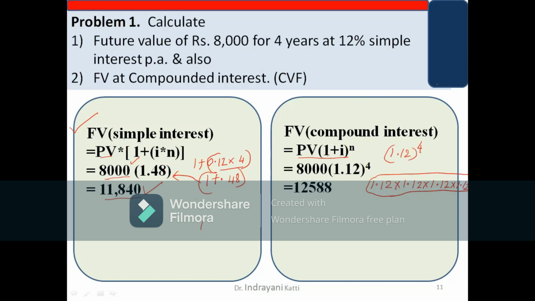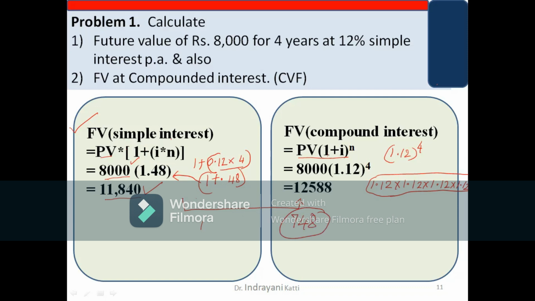So 12,588 is for compound interest, whereas 11,840 is for simple interest. The difference between the simple interest and the compound interest is rupees 748 more as compared to the simple interest.